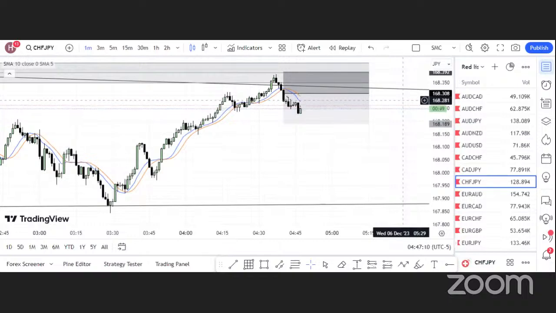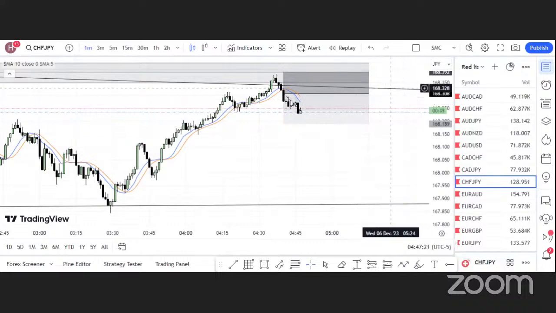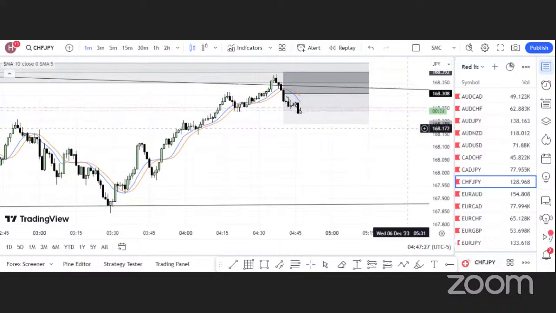So let's see if this is going to continue to the downside. Let's see if this candle is going to hit our TP.